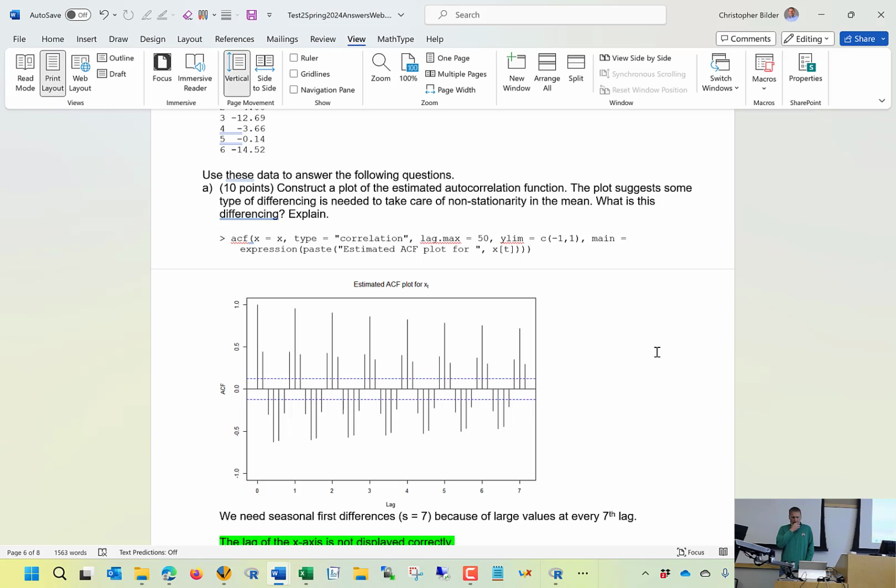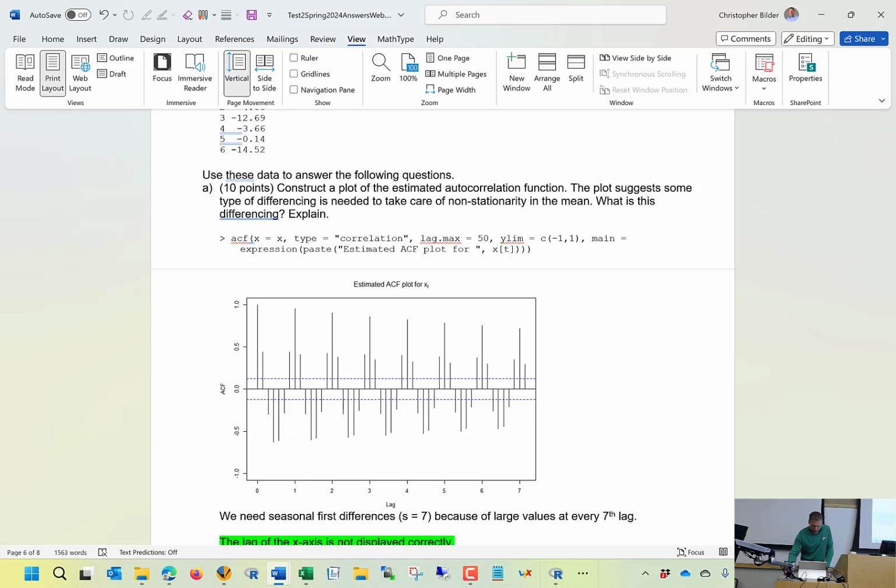And I asked to complete a plot of the estimated autocorrelation function, and the plot will suggest some type of differencing is needed to take care of non-stationarity in the mean. What is this differencing? Well, I think pretty much everyone got it. Obviously, we're seeing this pattern of every 7 lags, where we see a pattern that duplicates itself every 7 lags.